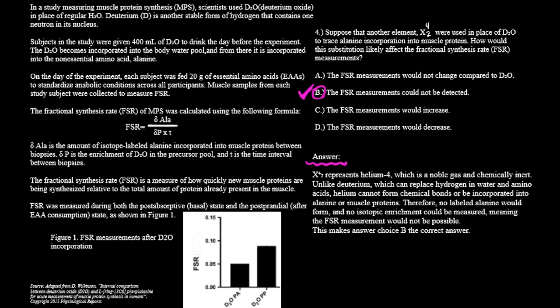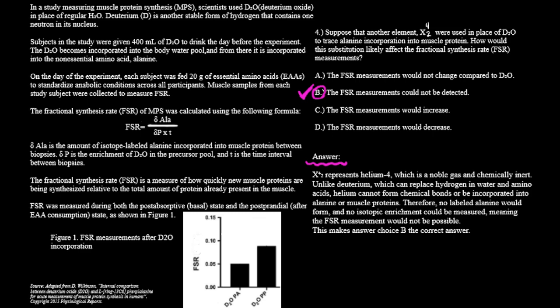Let's analyze this new isotope. The notation X with a superscript of 4 and a subscript of 2 indicates that this element has a mass number of 4 and an atomic number of 2. This means that it contains 2 protons and 2 neutrons. As we have learned, the atomic number serves as an identification number for an element. It tells us which element it is.